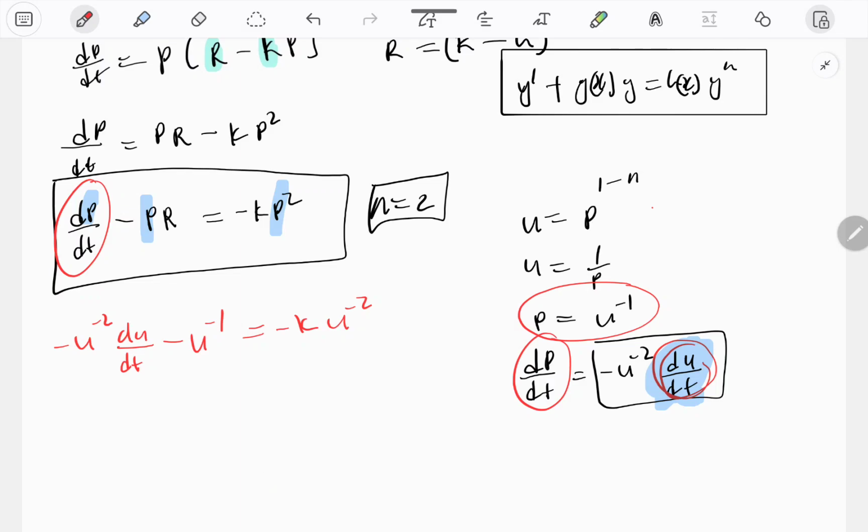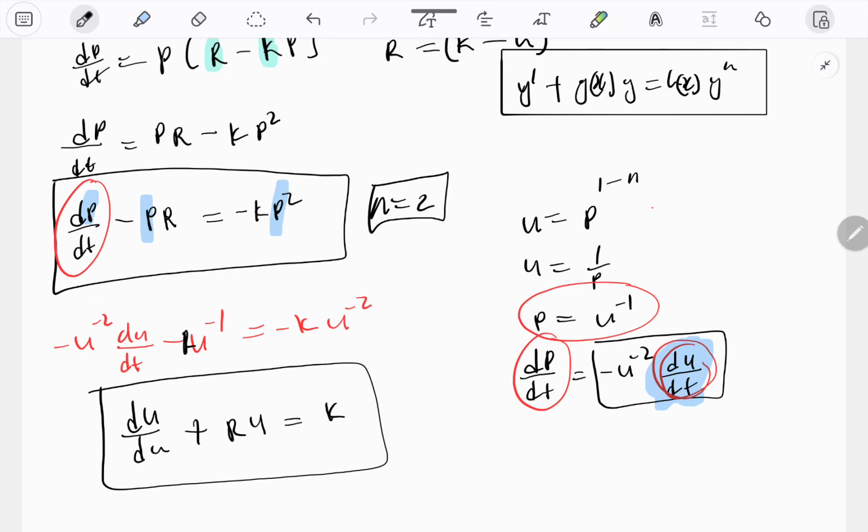So I want to write it in a very linear form. I'll have du dt minus, there's an r here, then this will become positive because there's a negative, then this will become ur, then this will become positive because I'm dividing by k. Yes, so this is my new linear equation.